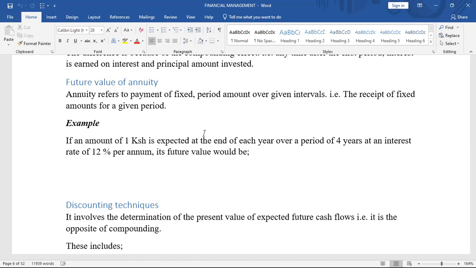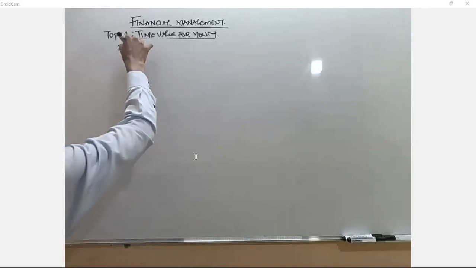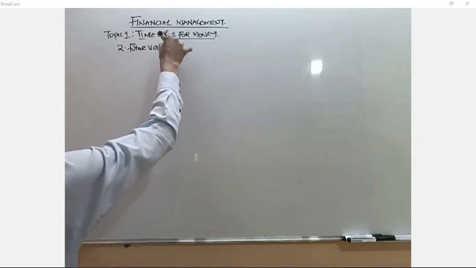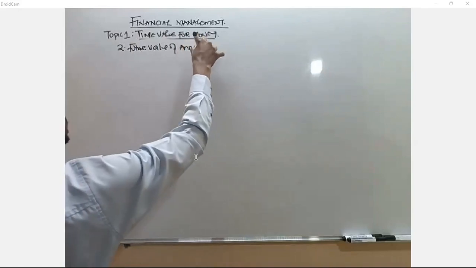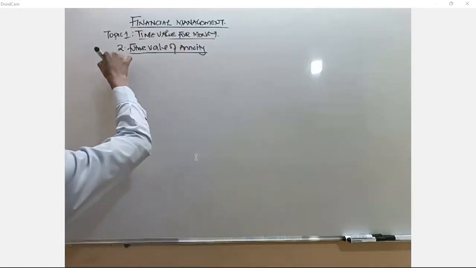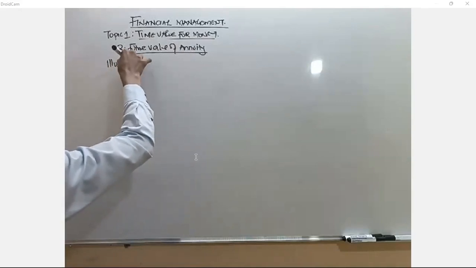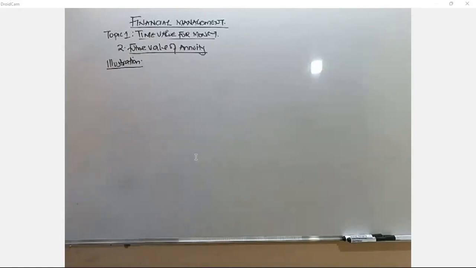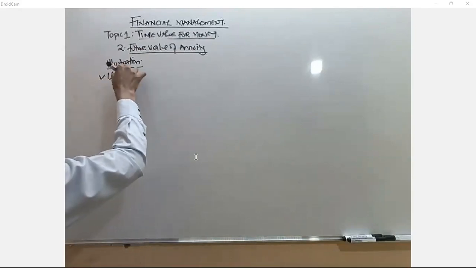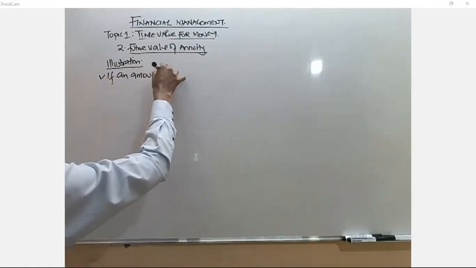So in this scenario for the future value of an annuity, let me just look for an illustration here. When I'm doing my illustration, it means that we are talking about an even amount of Kenya shillings.